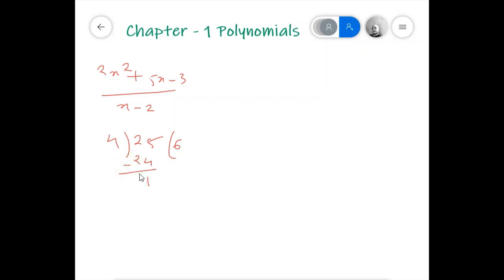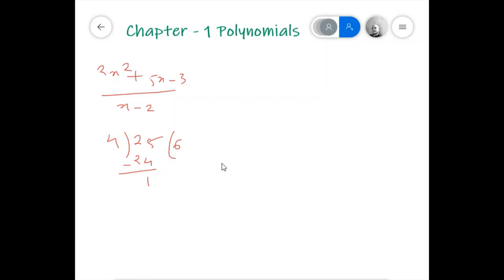This r over here is called the remainder, and this is called the quotient. The number that we are dividing is called the dividend, and the number by which we are dividing is called the divisor.